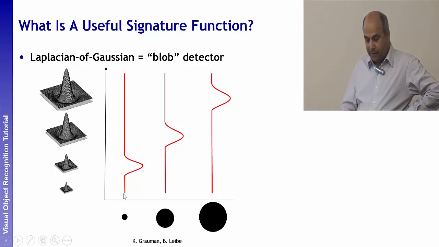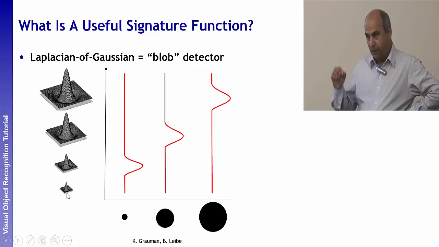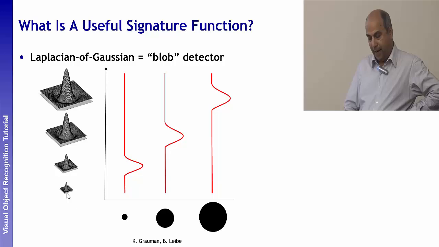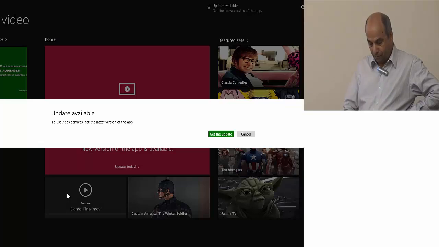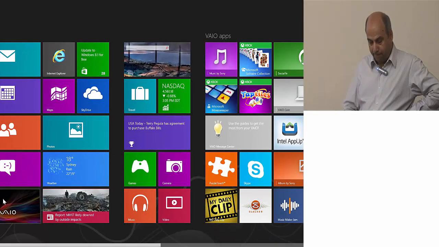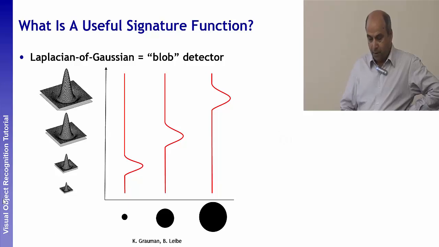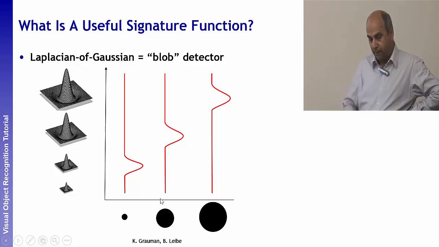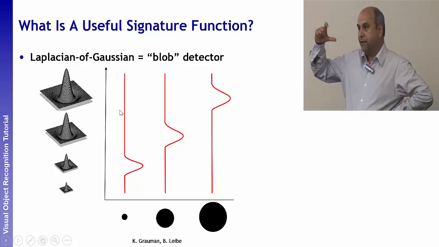We apply this filter, and we look at the responses, and these responses are plotted like here. Now if there's another image where we have a bigger blob, these responses are plotted here. This is the response for this sigma value, this is the response for this sigma, and so on. So these are different scales.